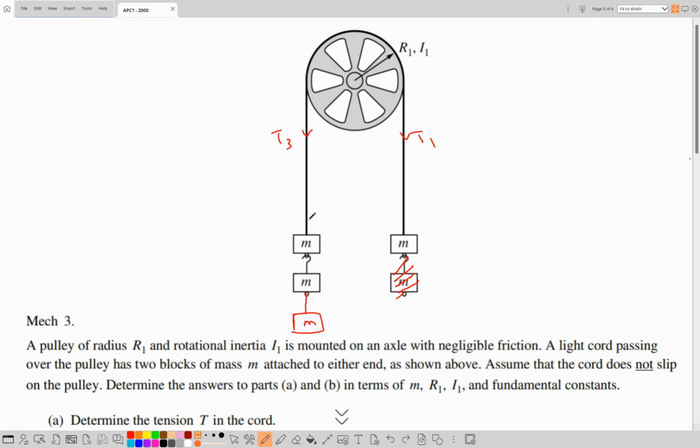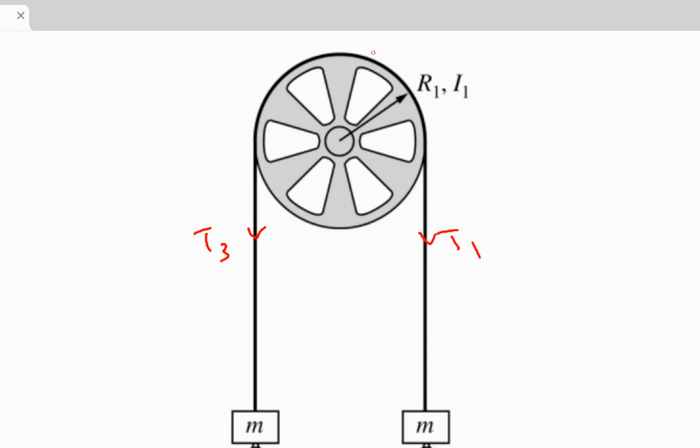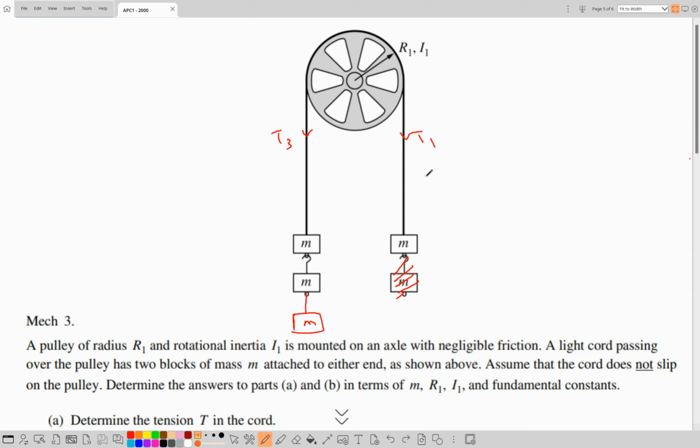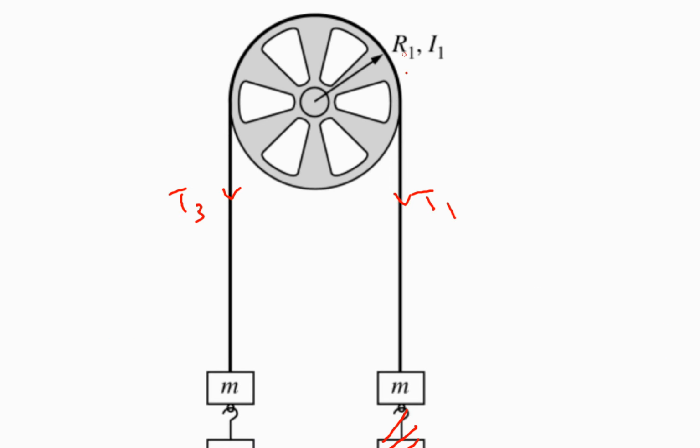Although here at this point T3 is pointing up, if you're considering the pulley, T3 would be acting away from the object. Similarly here, if you consider T1, it's acting up, but considering the pulley, the tension T1 is acting down. Now what other forces are acting on the pulley? We have the pull of gravity, which is down, and we have the reaction at the axle itself, let me say this is FR.